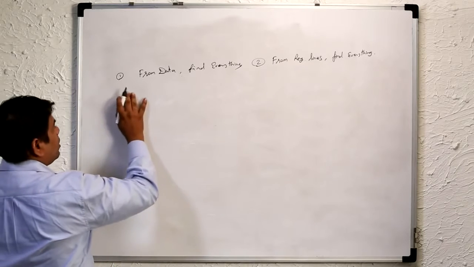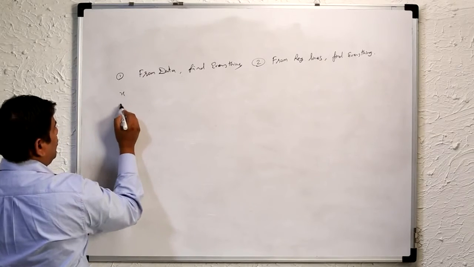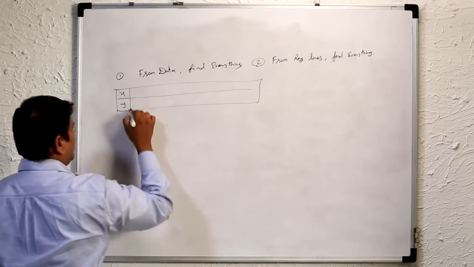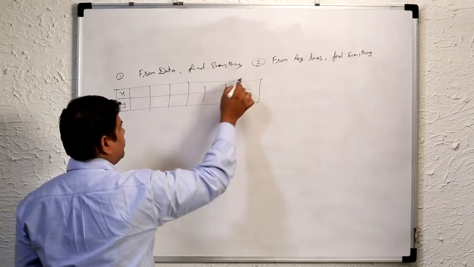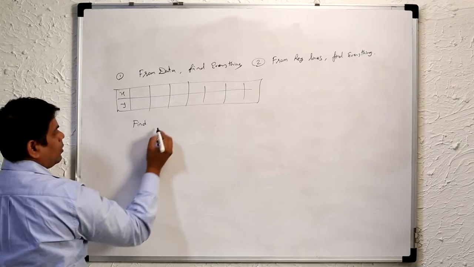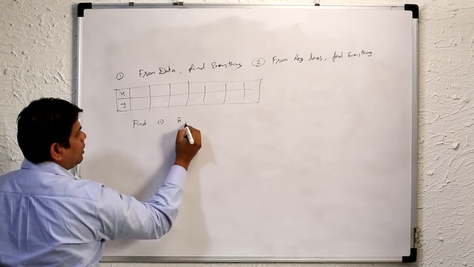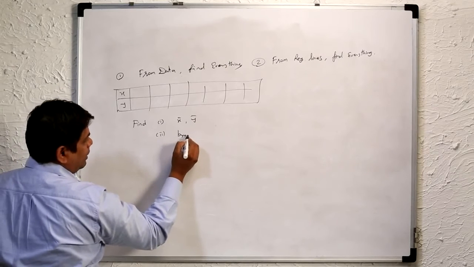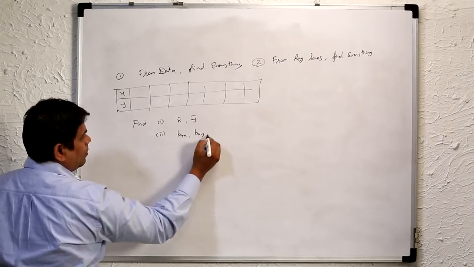Here, data will be given to you. You will be given x and y, some sort of data. And they will ask you to find, first, x bar and y bar. Second, they will ask you to find byx, bxy, and r.